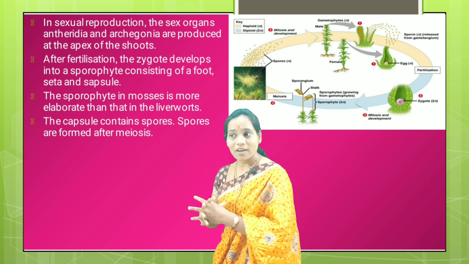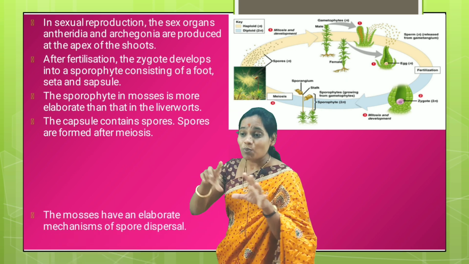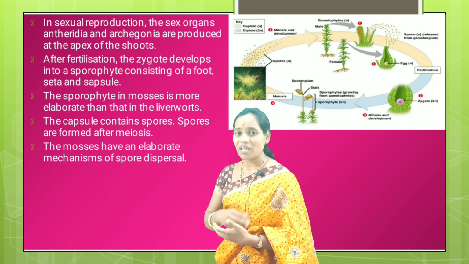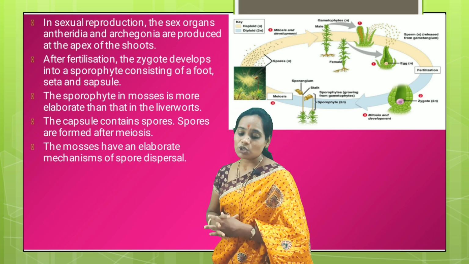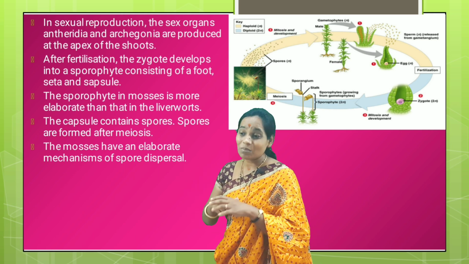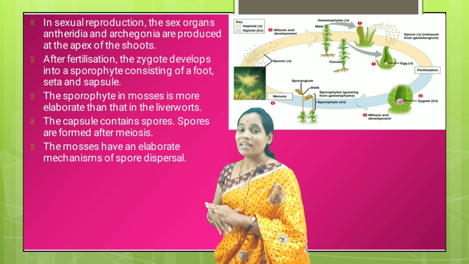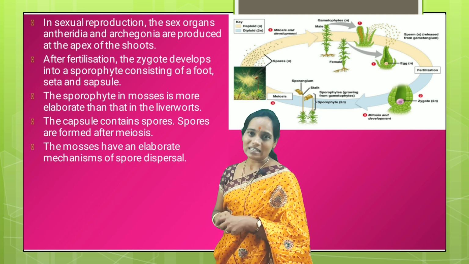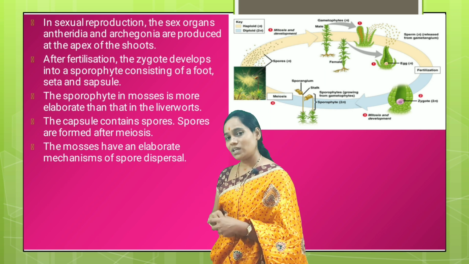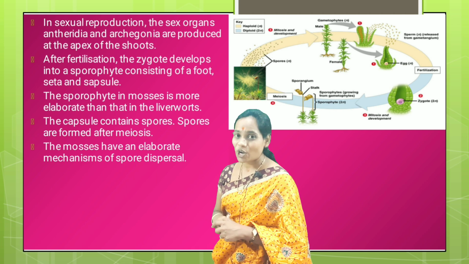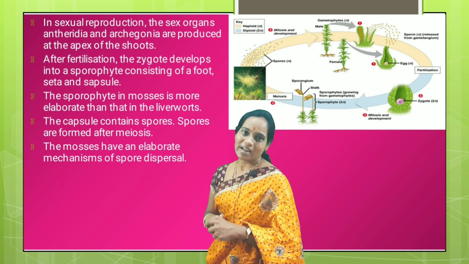They have a well-developed spore dispersal adaptation. Remember, the mosses show a well-developed spore dispersal mechanism where the spores get dispersed to different regions, and under suitable conditions, the spores germinate to give rise to the haploid gametophytic plant body.